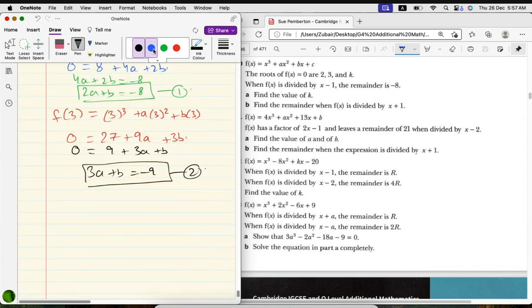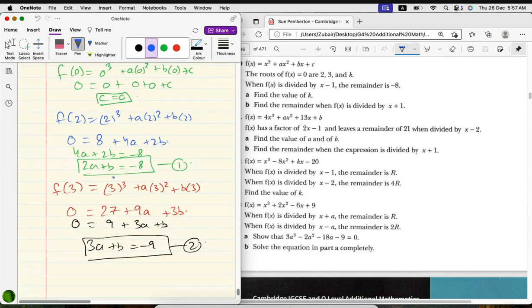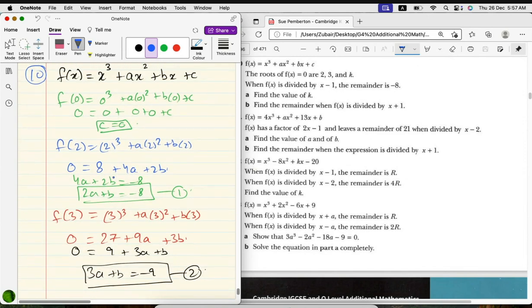Sorry, so the first thing you did was you plugged in the 0 because it said that the root of f of x is 0. And then we got c equals 0. Yes. And then afterwards, the two equations that we had, it was 2 and 3. And then k is just another factor? Yes.